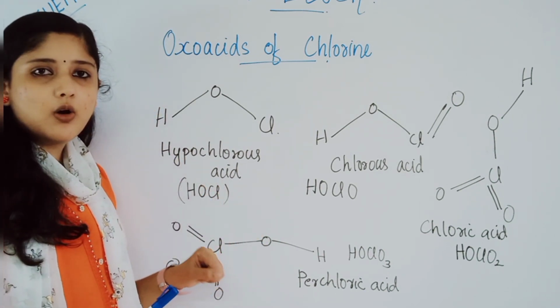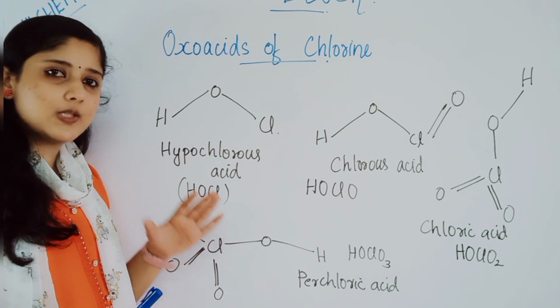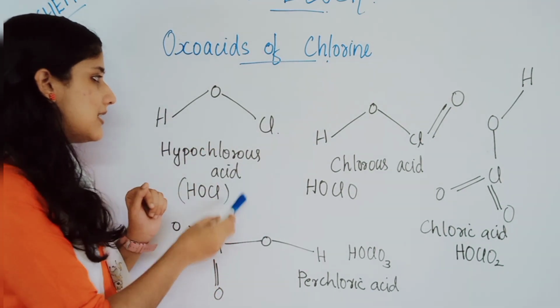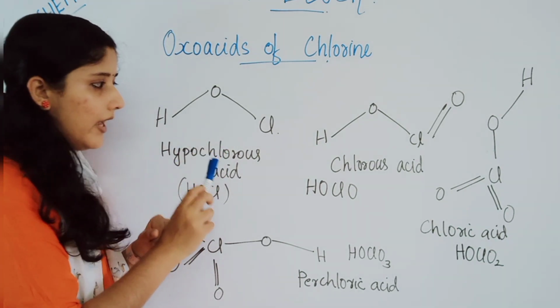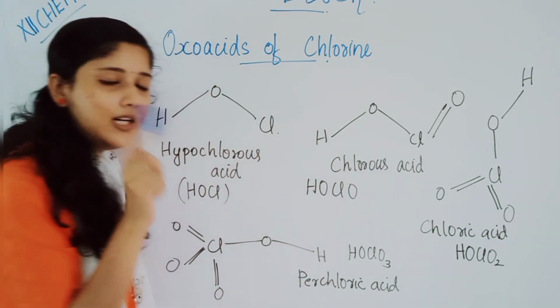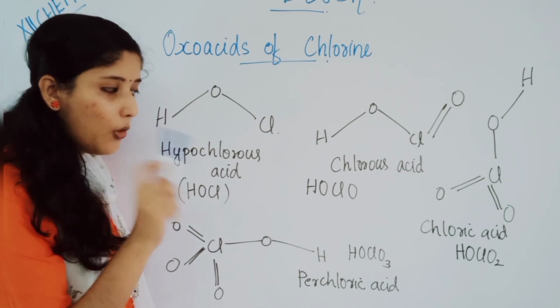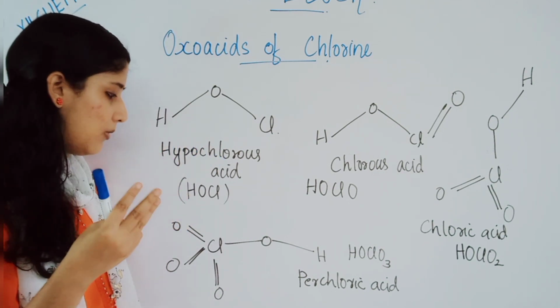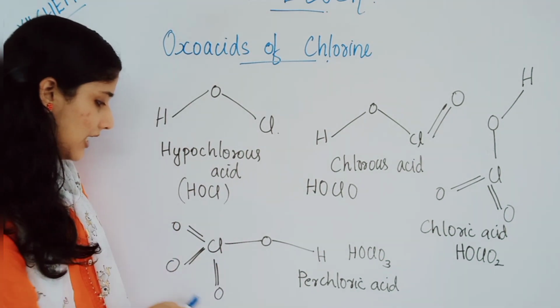These four oxoacid structures are given in your textbook, you should study that. Have a look at this structure. Hypochlorous acid HOCl. Chlorous acid has one double bond O and chloric acid has two double bond O. Perchloric acid has three double bond O. Look here.